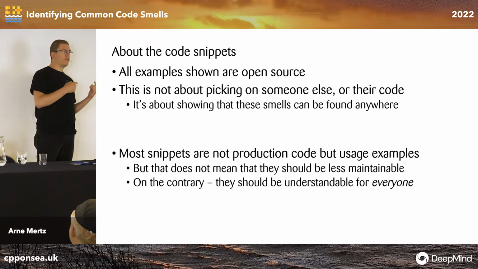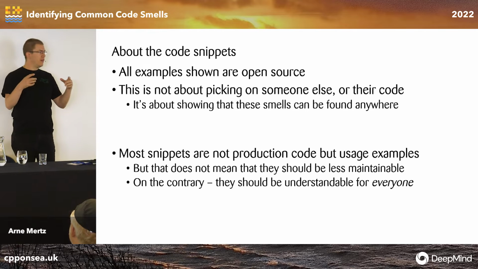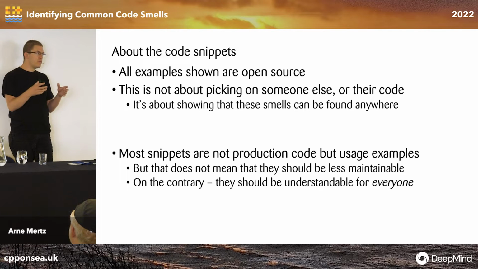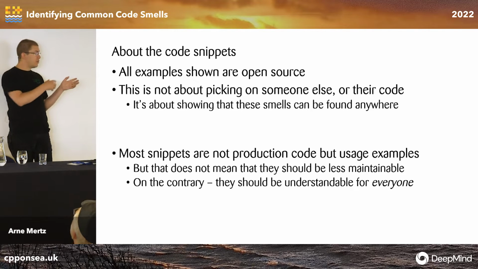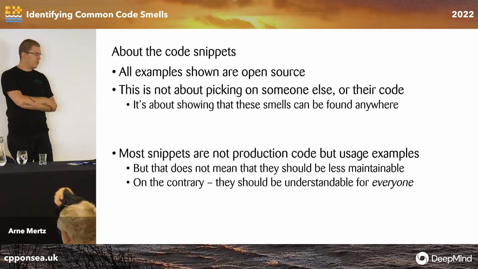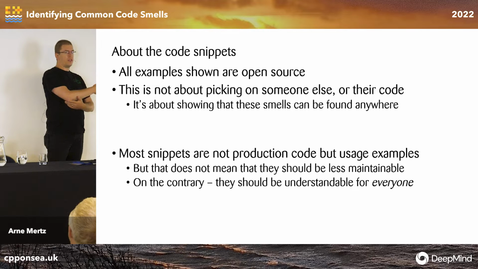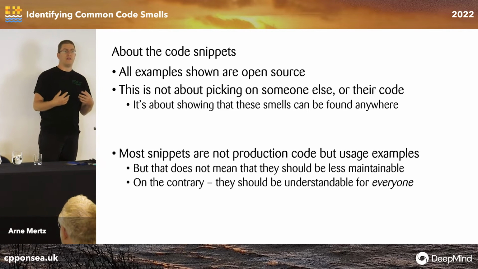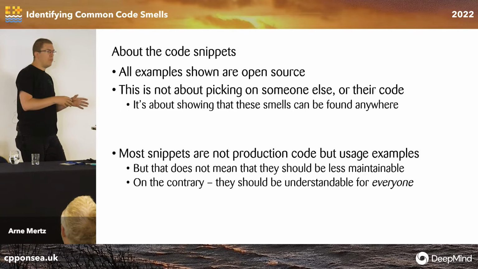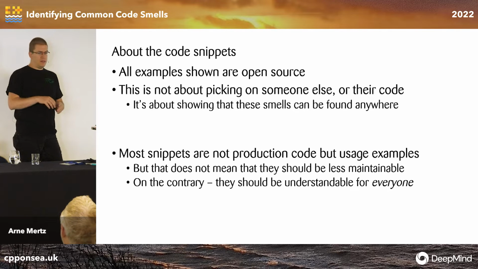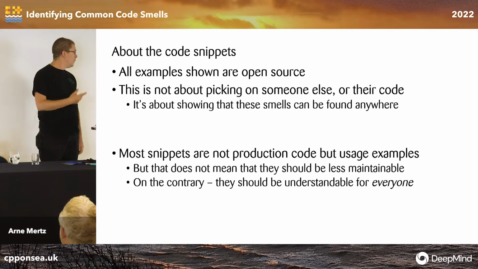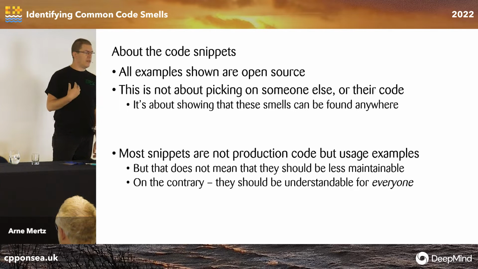Because example code is meant for any of us to actually understand how to use a system, how to use a library, and how to actually use the code we see in the open source code bases. So getting rid of those code smells, making the code more readable, more maintainable, more understandable for us is maybe even more important than making the code very clean somewhere in the very deep recesses of the production code that we will never see and never touch.